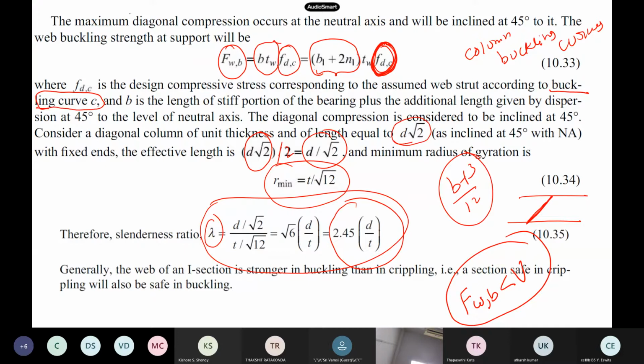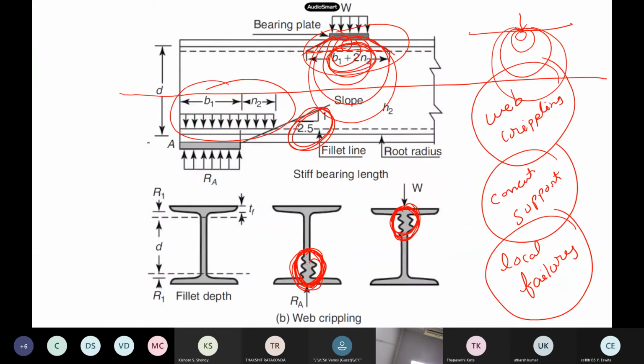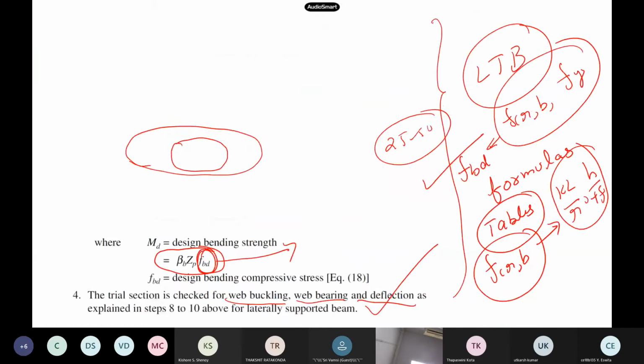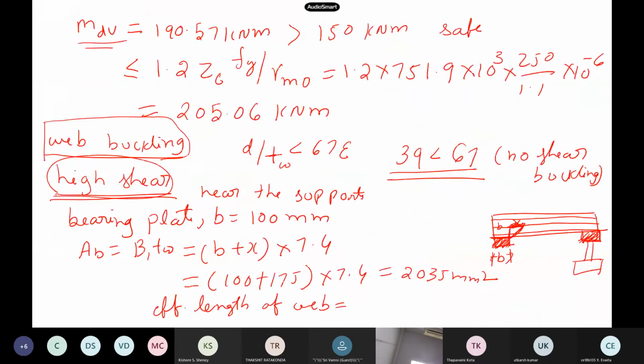And if you assume that the web is fixed, that is, the junction between the web and the flange is fixed, then finally the effective length turns out to be d by root 2. So this d by root 2 we take here, which is anyway some 0.7 times d.